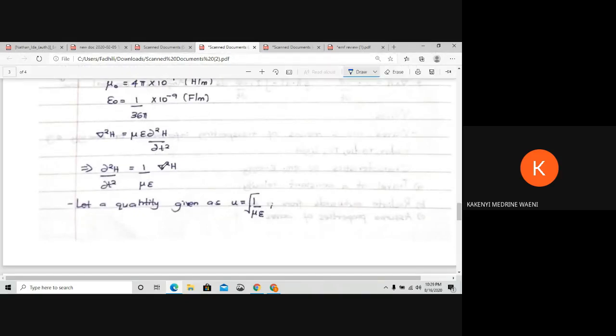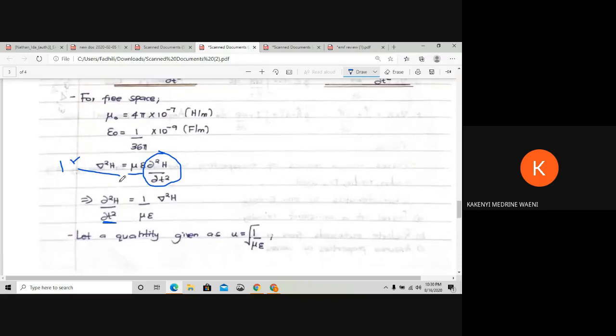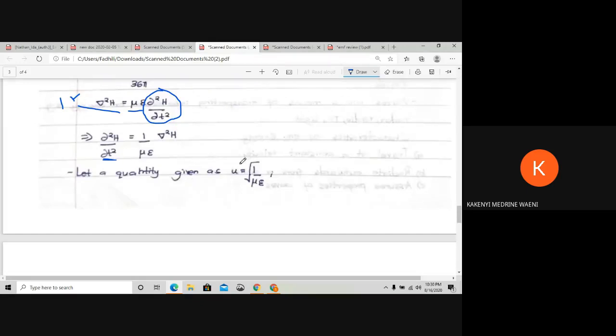So now to get the 3D wave equation, we're going to make this the subject of the formula. So this comes here, then this comes here. So it becomes d squared H over dt squared is equal to 1 over mu E del squared H. We're going to divide by mu E, multiplied by 1 over mu E. Then you end up having this one, then U is the velocity.